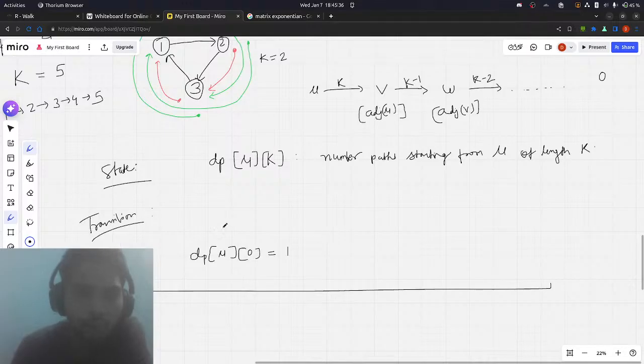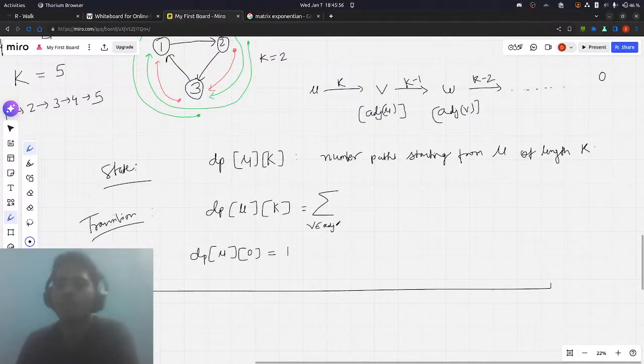The transition will be simple. If we want to calculate for U, we need all the k minus 1 path lengths from its neighbor. So basically we are doing dp of v, k minus 1.